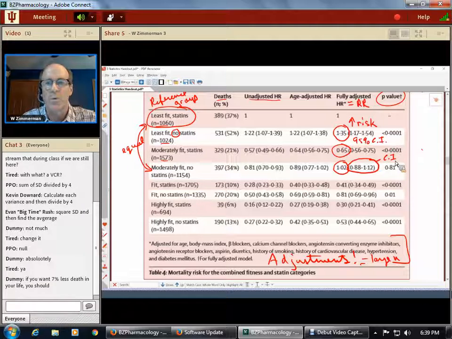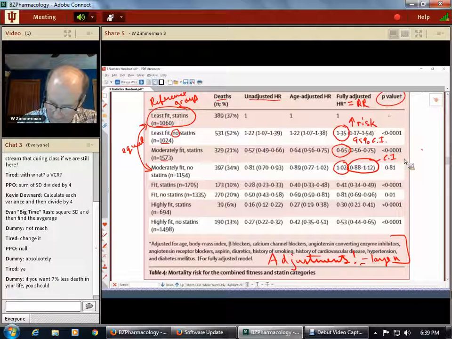Or it encompasses 1, 0.88 to 1.2. So it encompasses 1.0.